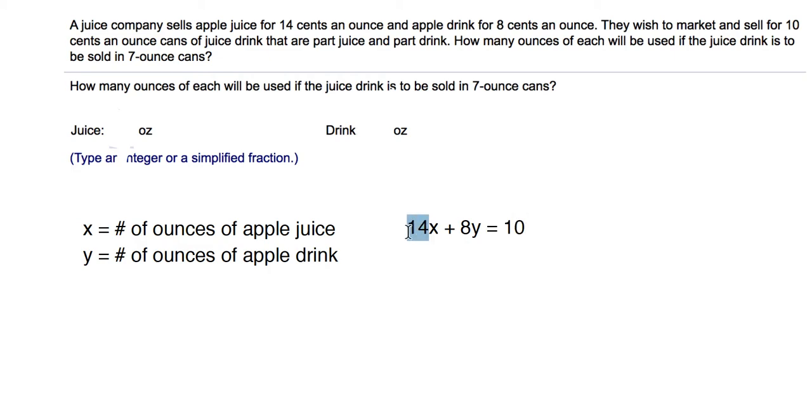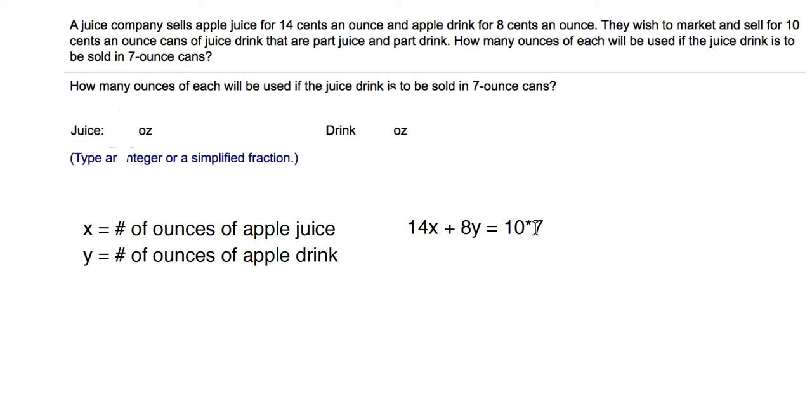So look, you got cost times the amount. You got cost times the amount. So here's the cost for the final thing. It's all supposed to equal 10 cents. Now we need an amount here, and they said that they're going to be 7-ounce cans. So I'm going to put 7 at the end.